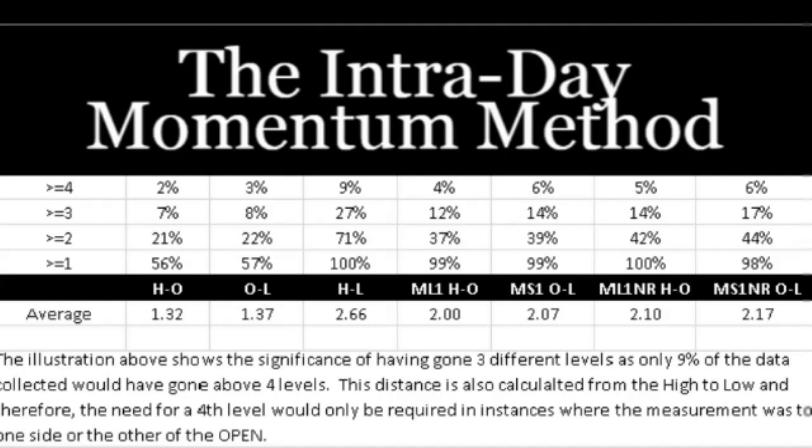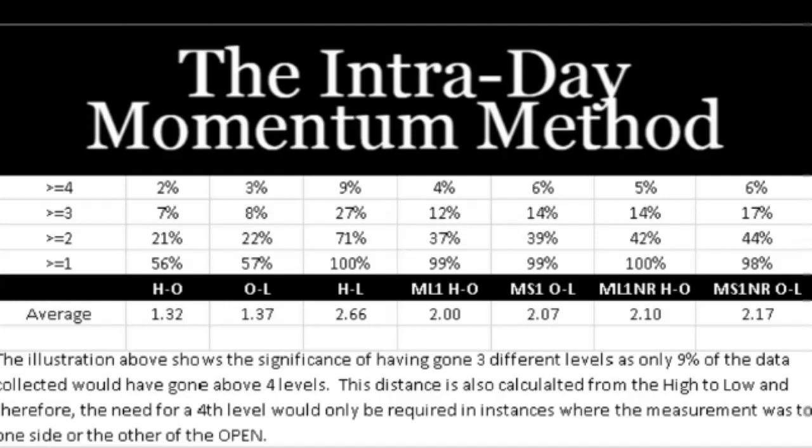And this illustration shows the significance of having gone 3 different levels, as only 9% of the data collected would have gone above 4 levels. This is actually calculated from the high to low, and therefore you would have only needed a 4th level less than 10% of the time when I measured it from the open.